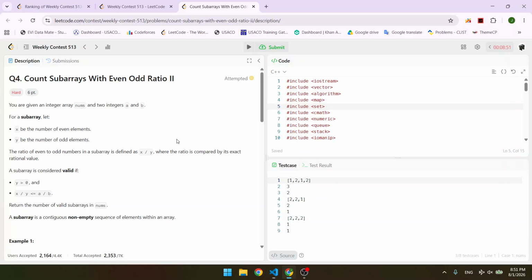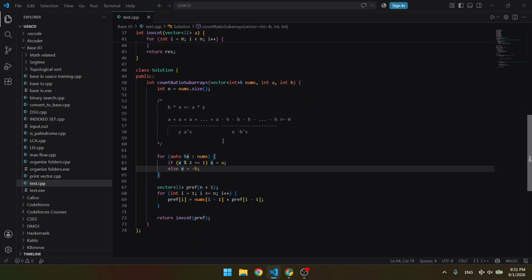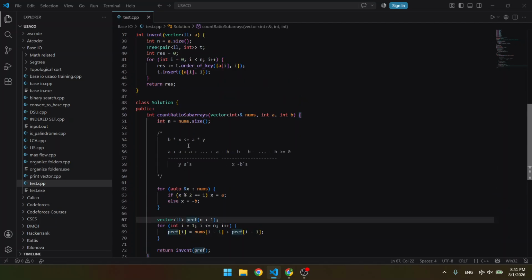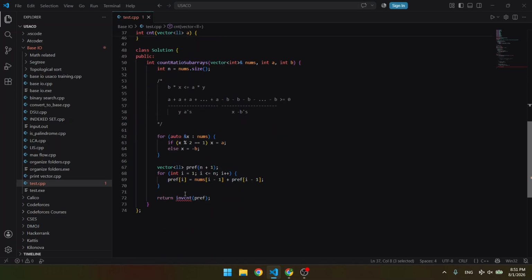You change all of the ones with odd indices to a, and you change the value of all of the even indices to negative b. And then you just find the number of subarrays with non-negative sum. So what I did here, I calculated the prefix sums and then calculated not really the inversion, more like a consecutive count, and then you return this count.